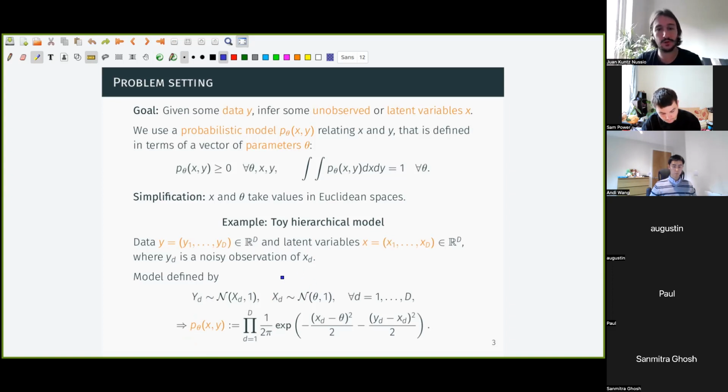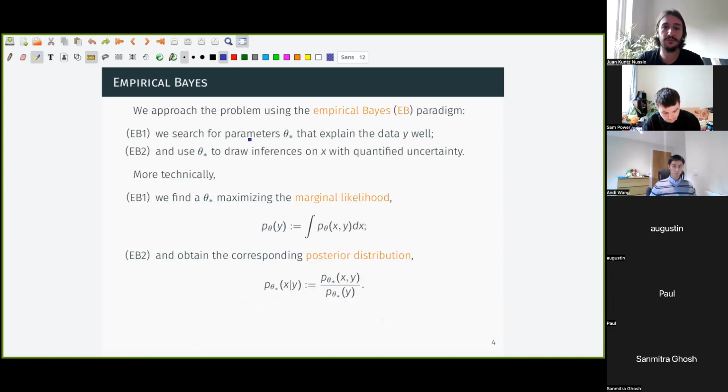So I'm going to work somewhere in between these two by following what's known as the empirical Bayes paradigm. In it, you first look for a point estimate of the parameters that explains the data well, that's consistent with what we saw. Once you have this point estimate, you use it to draw inferences on the latent variables while quantifying the uncertainty in your guesses.